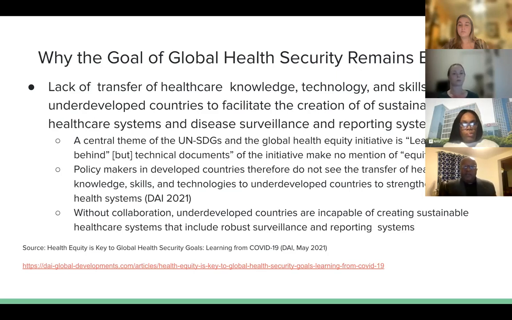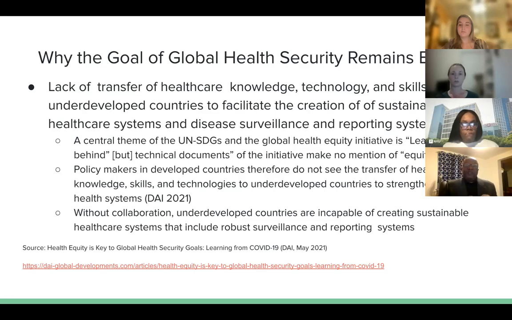In underdeveloped countries or developing countries, such systems don't really exist. So as a result, we're not able to create the type of healthcare surveillance systems and reporting systems that can contribute toward the attainment of global health security.